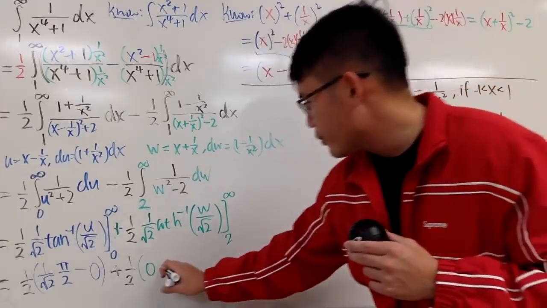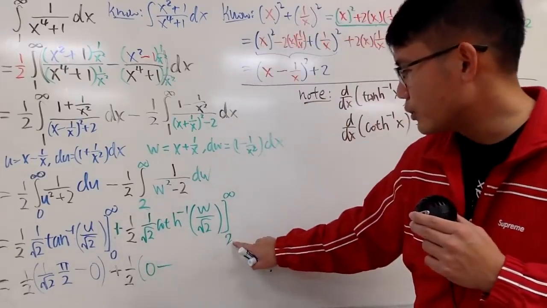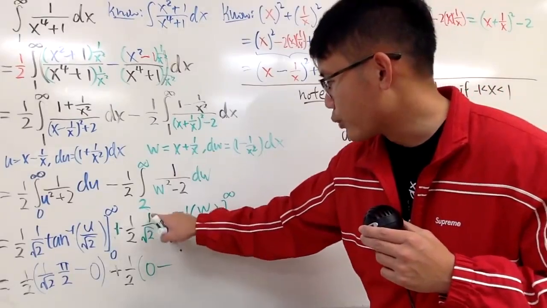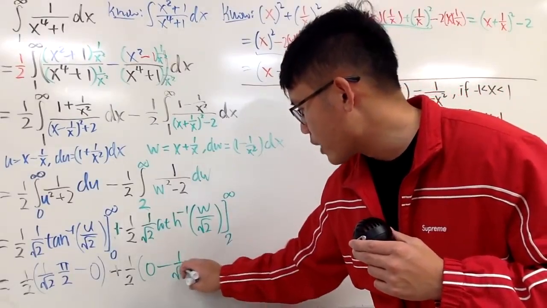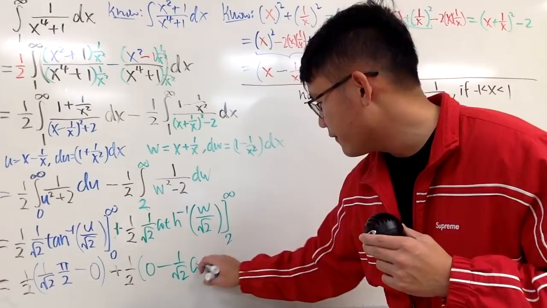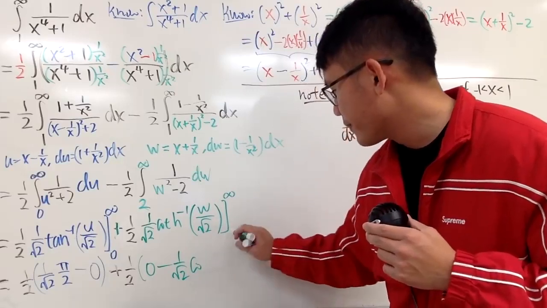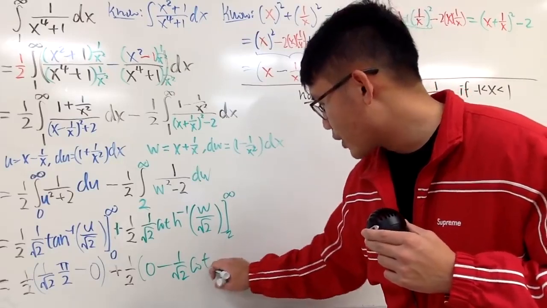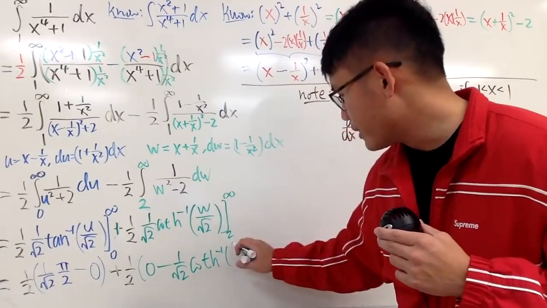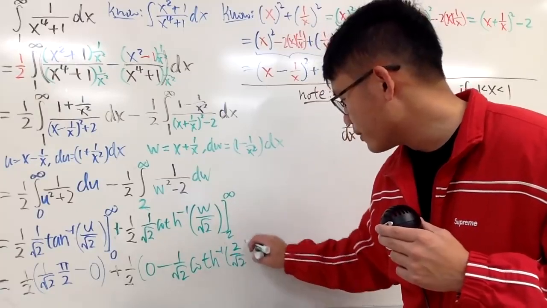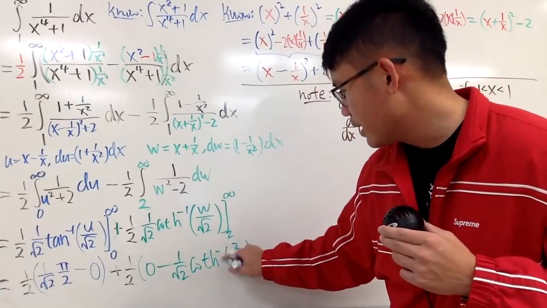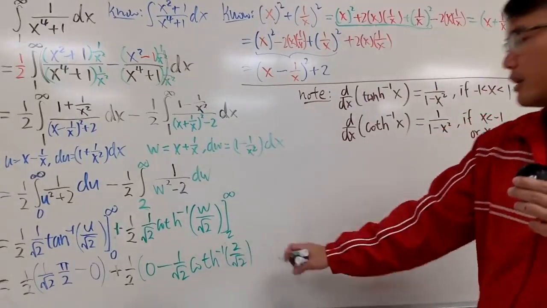And then you are going to minus, you have to plug in 2 into here. So I will just look at the green part, which is 1 over square root of 2. And then the inverse hyperbolic cotangent, and then you put down 2 over square root of 2 because you put the 2 right here. So that's pretty much it, right?